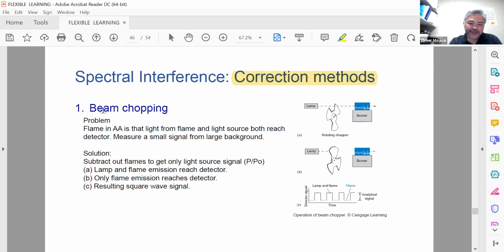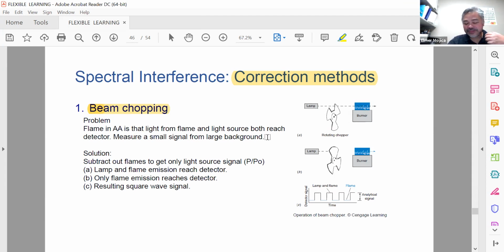So I mentioned to you before about what we call beam chopping. So open, close, open, close. You can have a rotating chopper that allows and then blocks the signal coming from the lamp to the burner. And if you have it, you can see it is an open, close thing. So the problem that we can have in AA is that light from the flame and the light source both reach the detector.